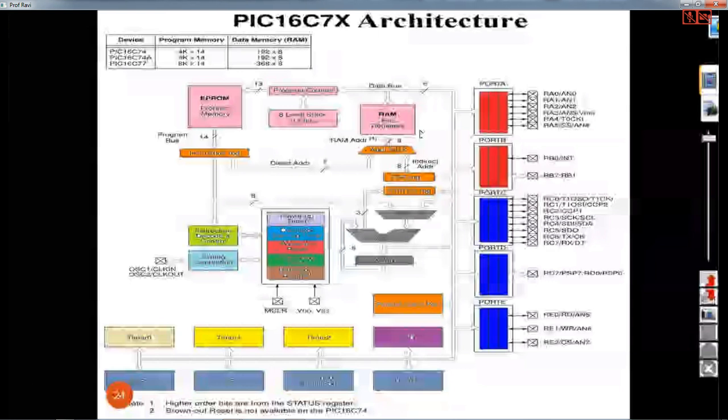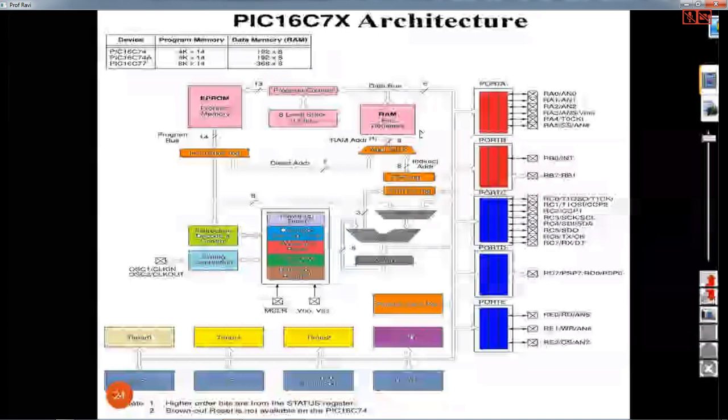But here you see it is reverse. So the upper location is general purpose registers, the lower location are SFR, special function register. So the bank selection can be done by using this status register. RB1 is bit 6, RB0 is bit 5.